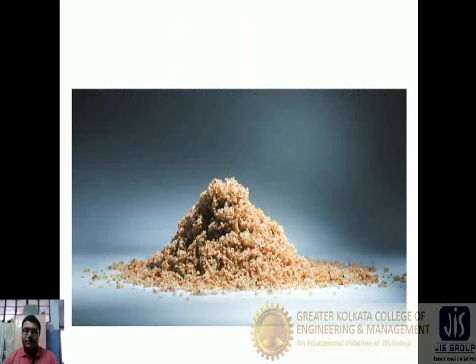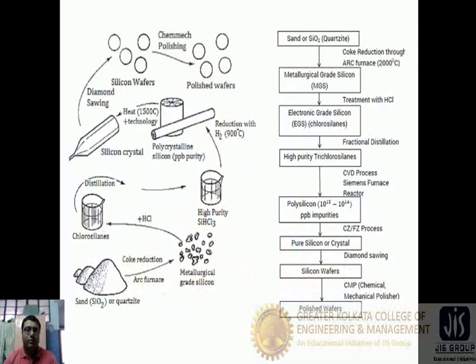The source of silicon is sand. That is why it is readily available and so cheap. We can process this sand into silicon with the help of some chemical processes. In this picture we can see how the sand is processed in various steps to get a pure silicon wafer, or pure silicon semiconductor.